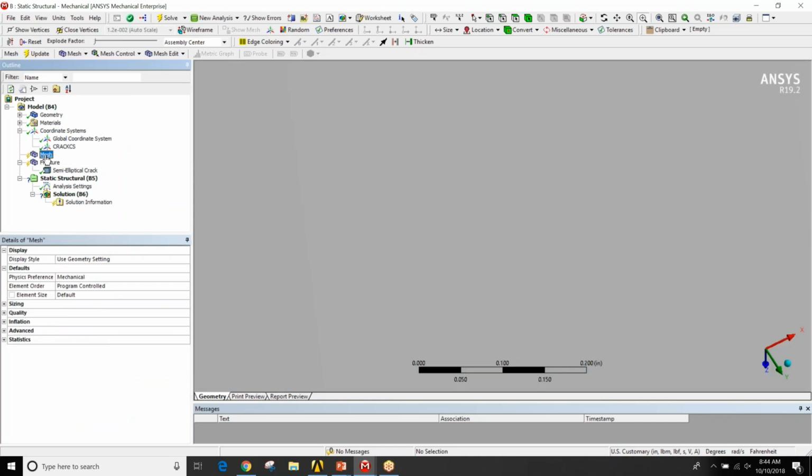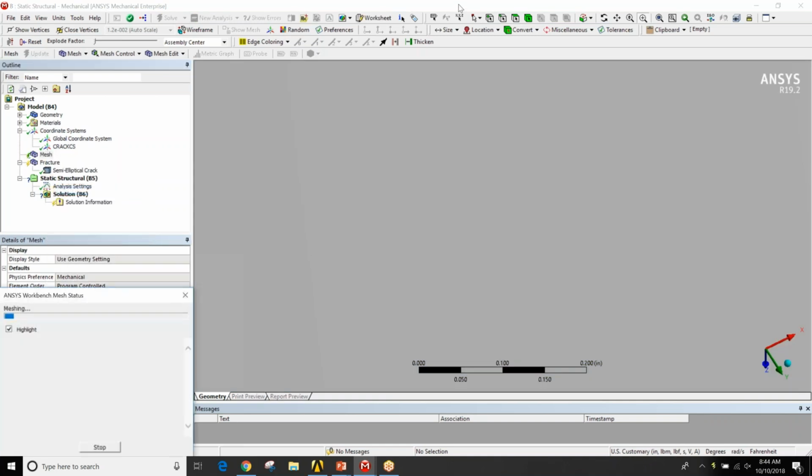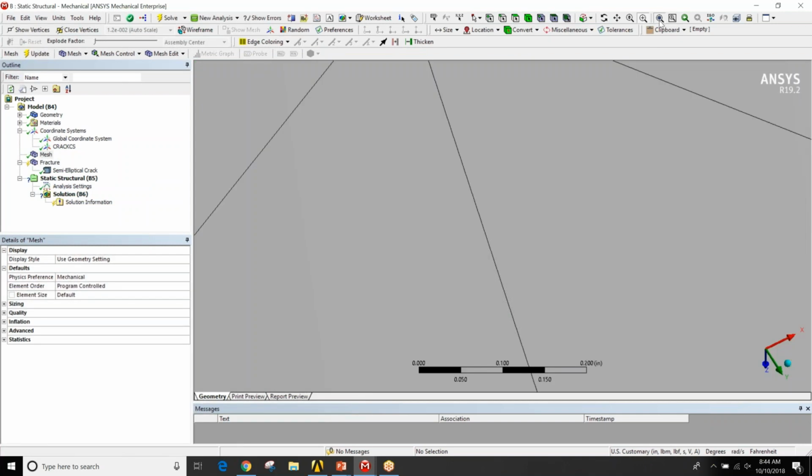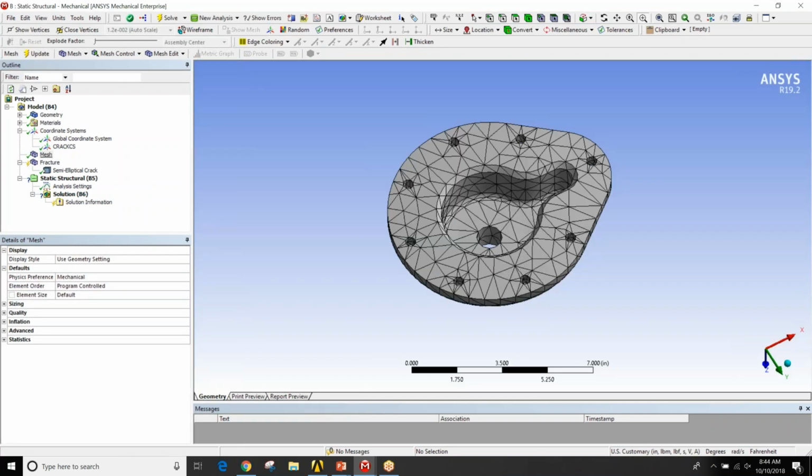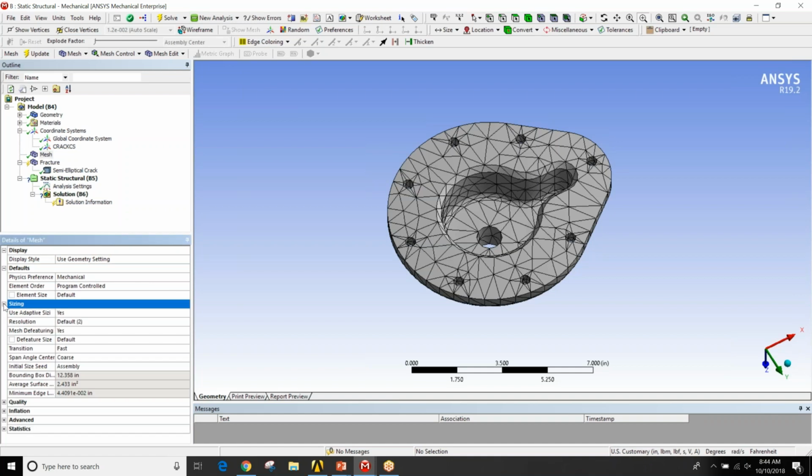Now, please note that when I mesh this, generate mesh, see, it generated a very coarse mesh, right?